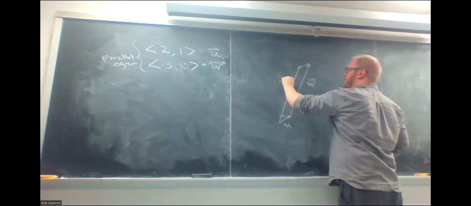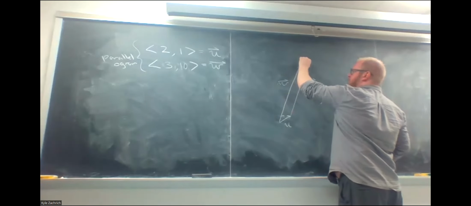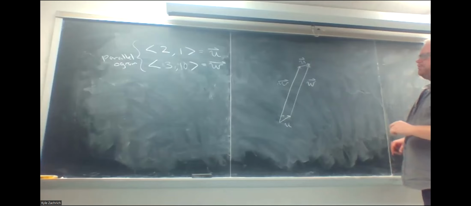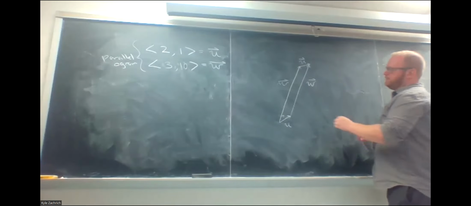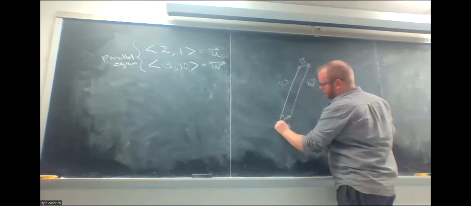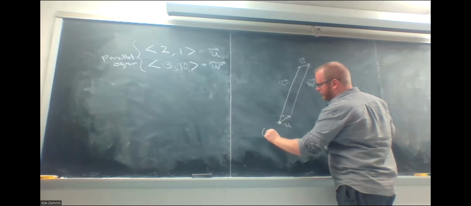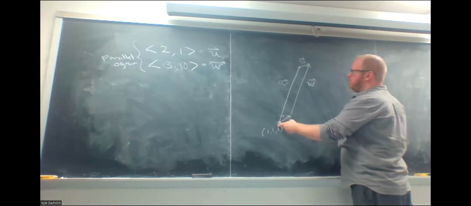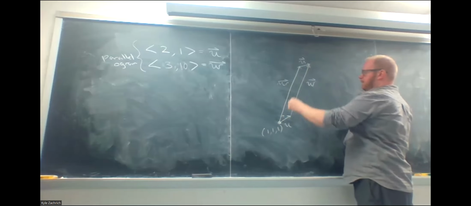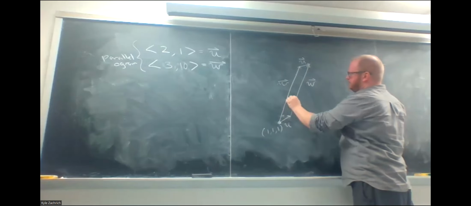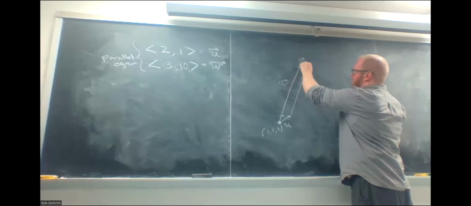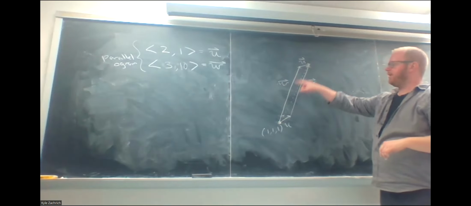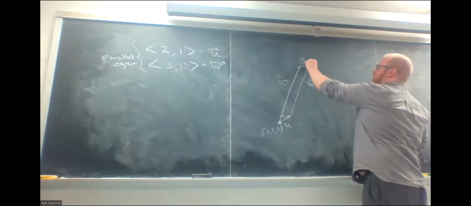So here's another W and here's another U. If this point here, and they will provide this point to you, is 1, 1, 1, and they're talking about the diagonal of that parallelogram, the diagonal starts here and goes here.